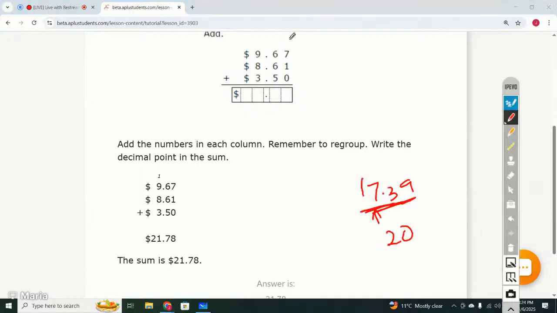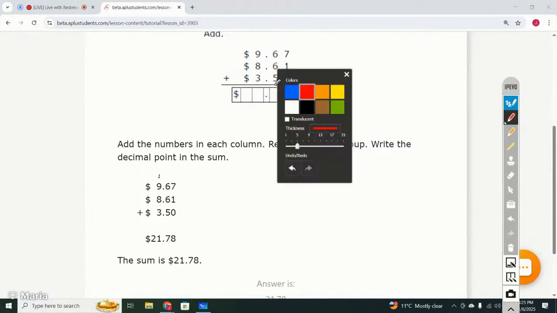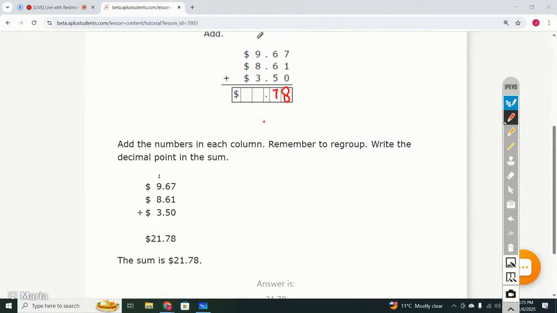So start adding from the ones digit, right? Sorry, we are adding the decimals, the tenths and hundredths digits. Start adding from the hundredths. 1 plus 0... 6 and 5 is 11. Write 1 and carry 1. 9 and 1, 10. And 3, 13. That is $21.78.